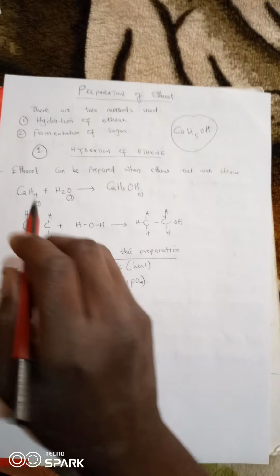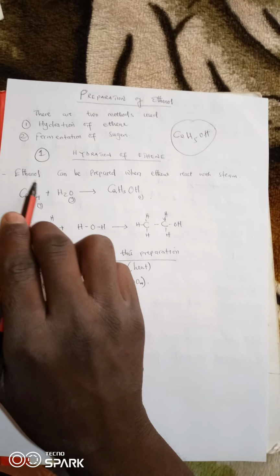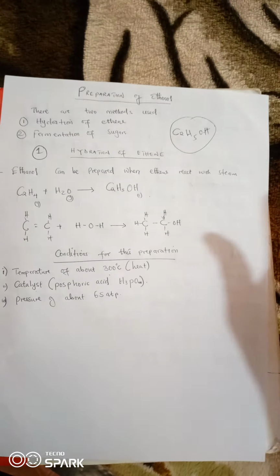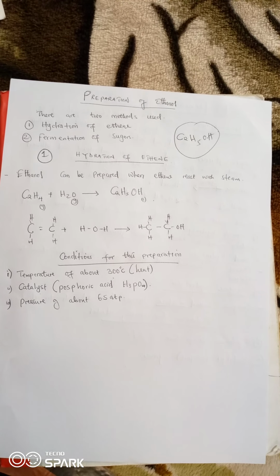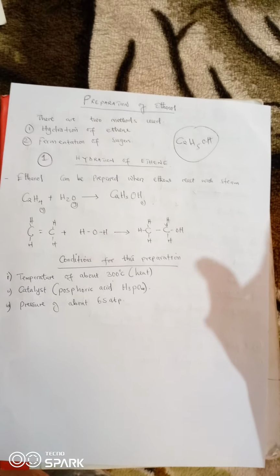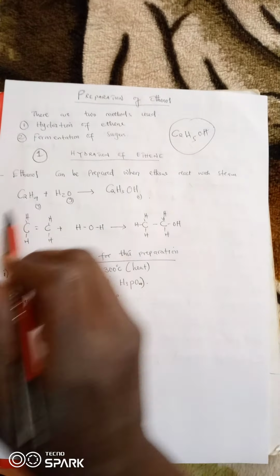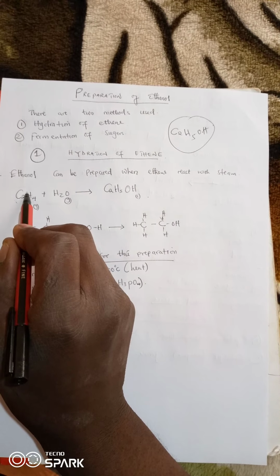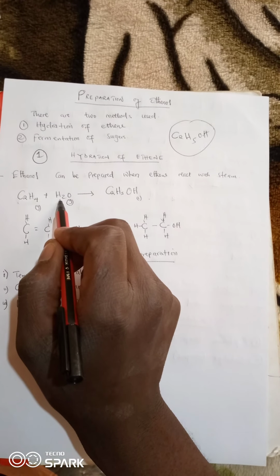It is a method where we add water to hydrocarbons, for example, alkenes, and particularly ethene. So this is ethene. We add water.